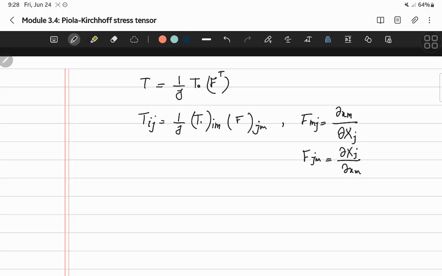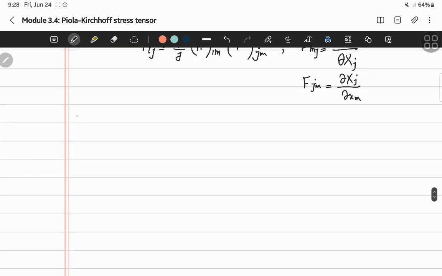So we already know that T is symmetric. But let us see if T0 is symmetric or not. Let's find it out. If T0 is equal to T0 transpose, then we can call this a symmetric tensor.